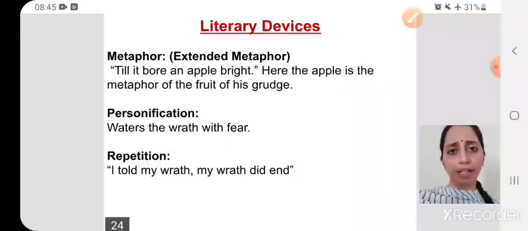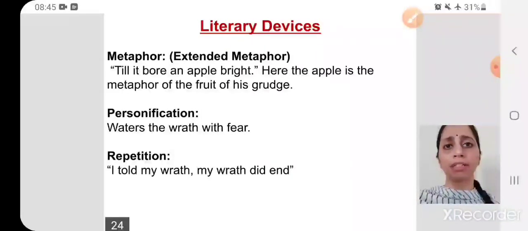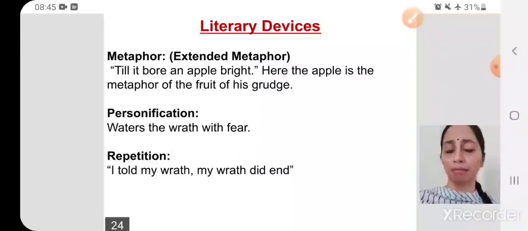Did an actual apple grow? No, it didn't. So what is this apple? This apple was the fruit of his grudge, his hatred, the hatred that he had in his heart. So this becomes an extended metaphor.